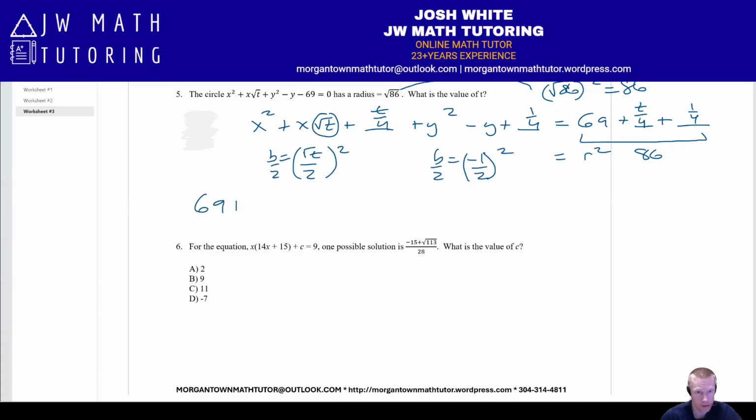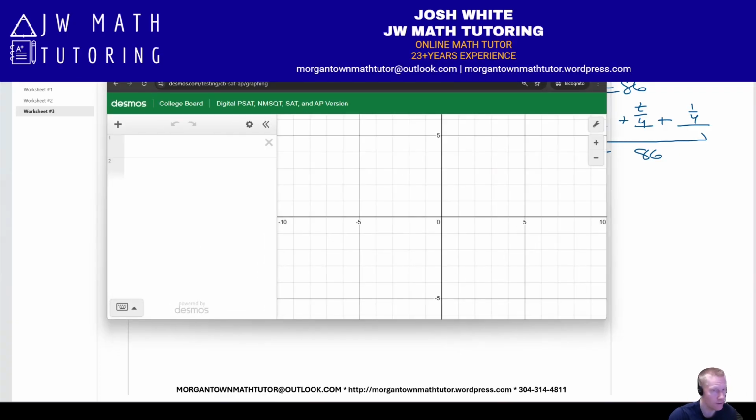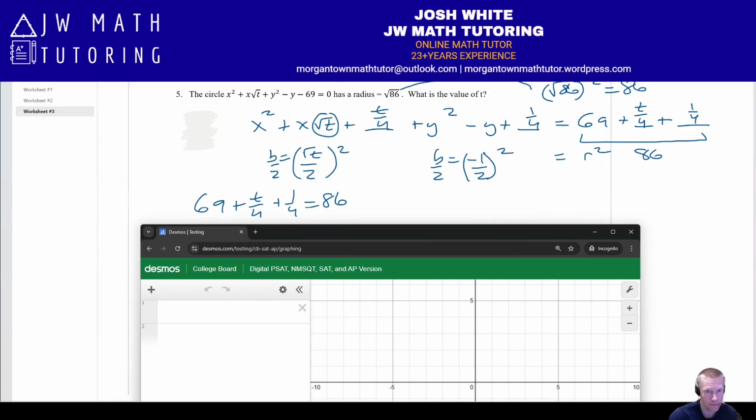So again, the equation is basically 69 plus t over 4 plus 1/4 equals 86. I'm just going to go to Desmos to do this because of the fractions involved. And I'm just going to do this with regression, so I can just keep it as t.